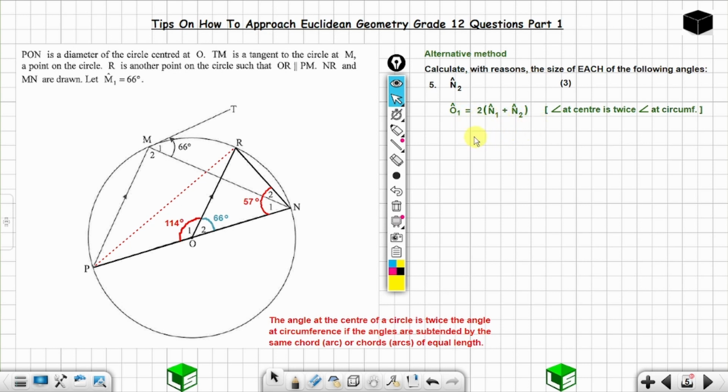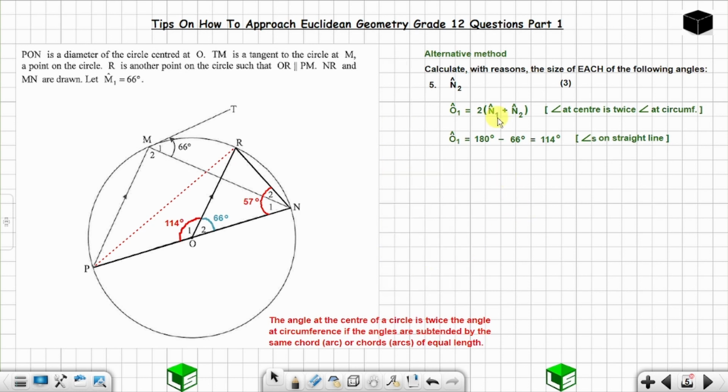So we carry on. Now, O1 is equal to 180 degrees minus 66 degrees. This is 114 degrees. So the reason is angles on a straight line. I can close this for now. N1 plus N2 is equal to 57 degrees.